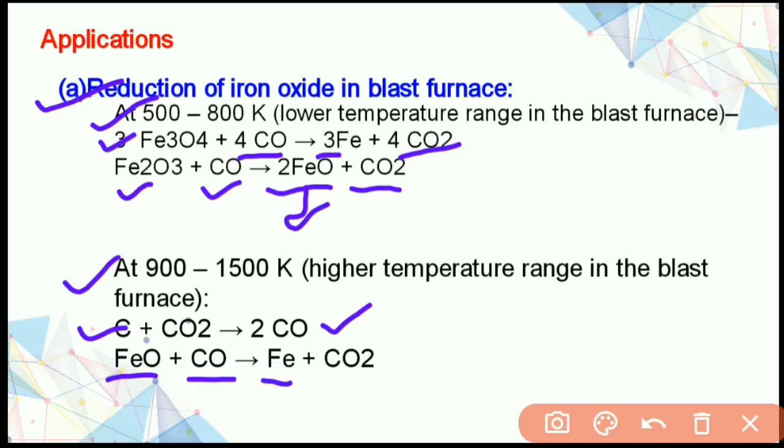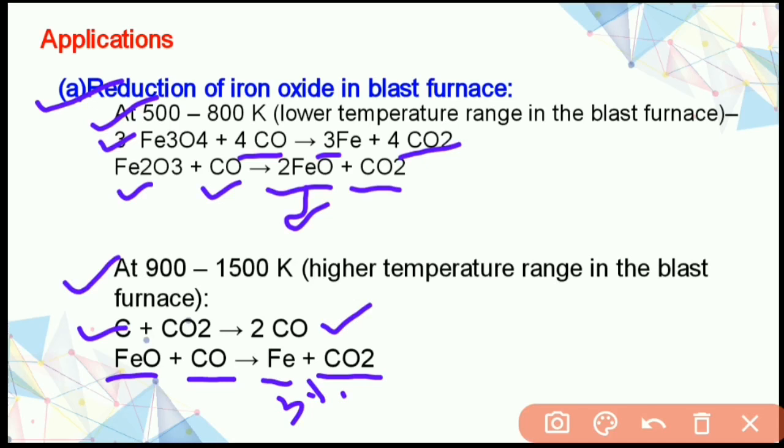This iron is also impure, but the impurity is less as compared to above. Here 3% carbon impurity is present. After that, for obtaining pure iron, increase the temperature and use carbon as the reducing agent.